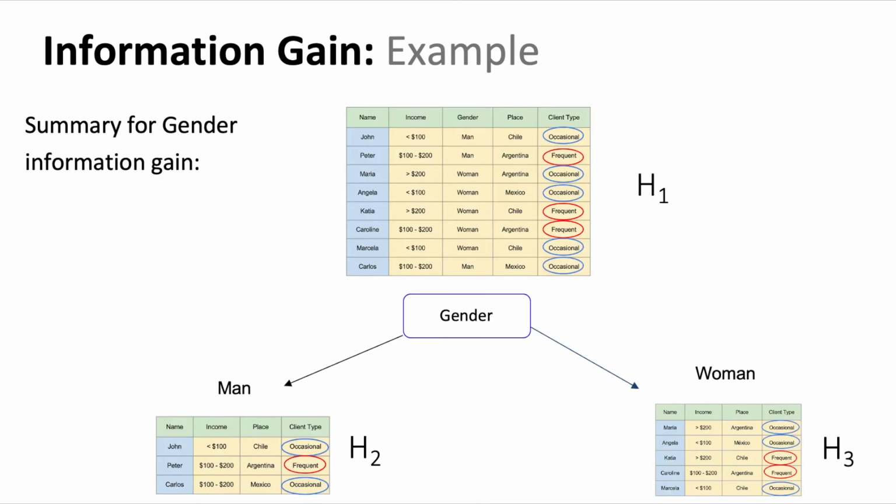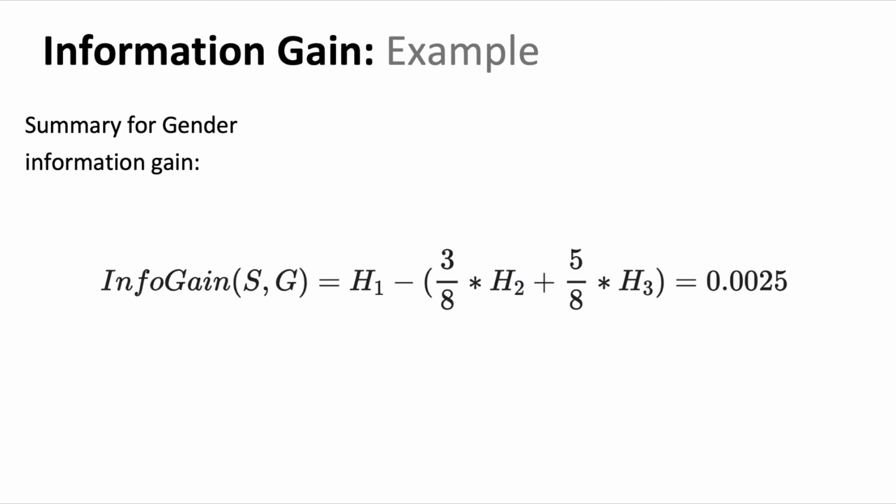So as a summary, recall how we obtained the information gain of the variable gender. We had to calculate 3 entropies: the initial entropy of the class, then the entropy after we instantiate gender into man, and then the entropy after we instantiate gender into woman. And after having the 3 entropies, we average the entropies after the instantiation and subtract that value from the initial entropy.